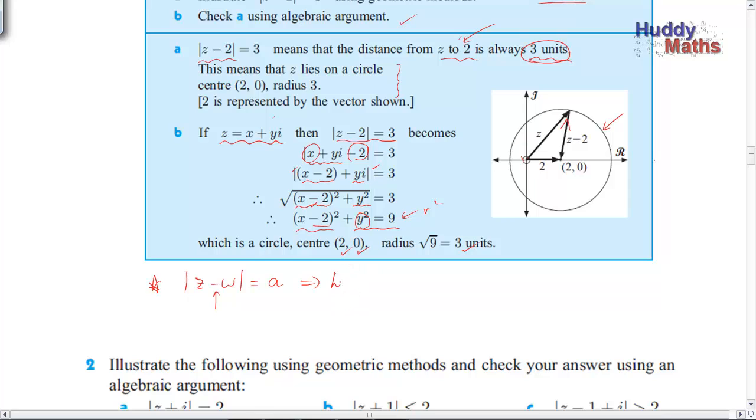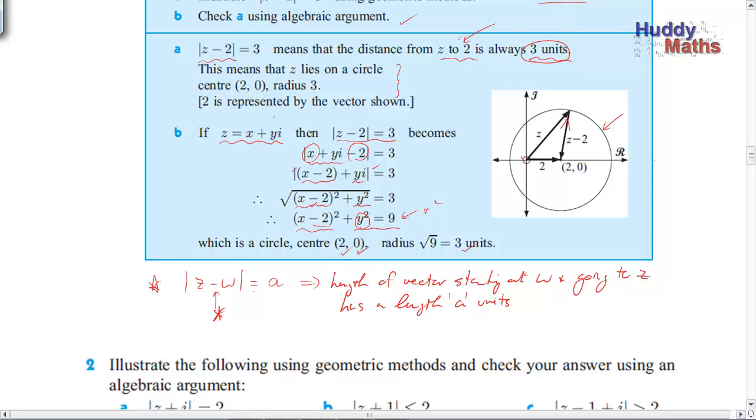It means the length of the vector starting at omega and going to z has a length a units. Okay, and that's going to usually give us a circle. We're going to get some other variations later, but it must be the difference there, z take that.